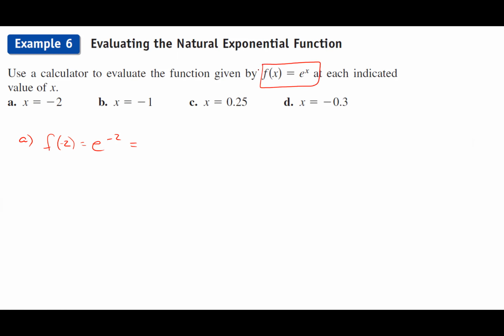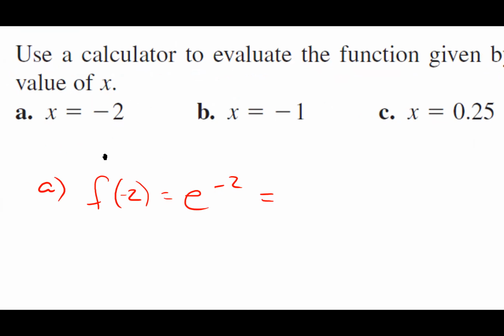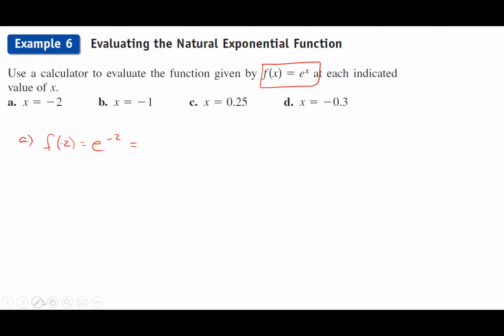There's my function, and then we plug a -2 into it. There are two different things in the calculator: one is the letter e, and one is the variable e. Make sure you don't get those mixed up.